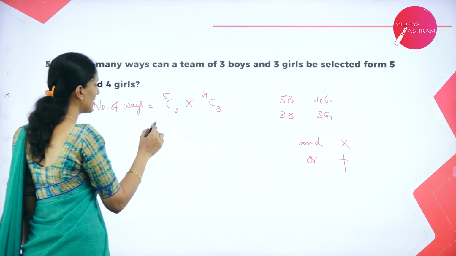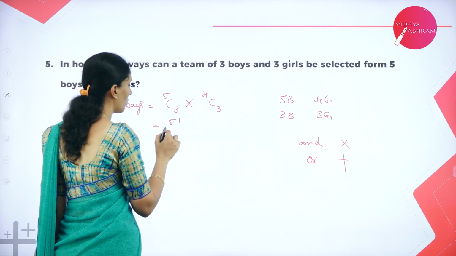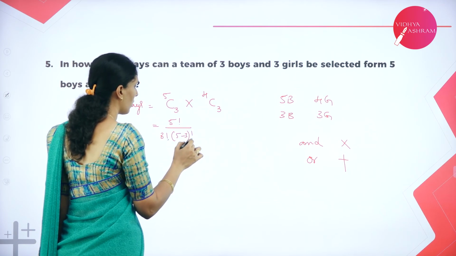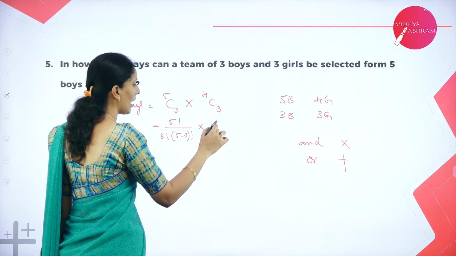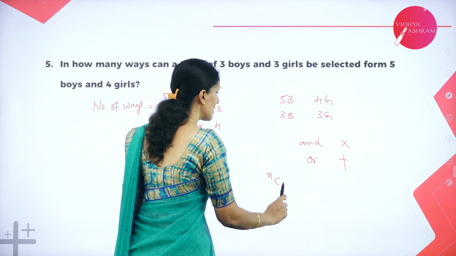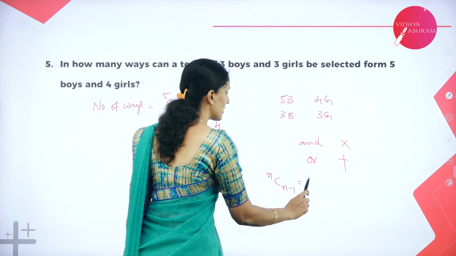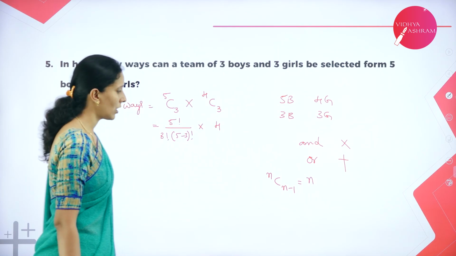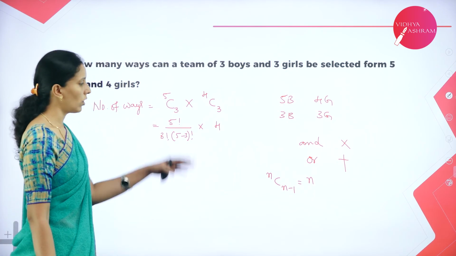Now 5C3 is 5 factorial over 3 factorial into 5 minus 3 factorial. Here 4C3 can be directly written as 4. I have given an example: nC(n minus 1) is nothing but n. So it is 4, 4 minus 1, which is 4C3, and the value will be equal to 4 only.